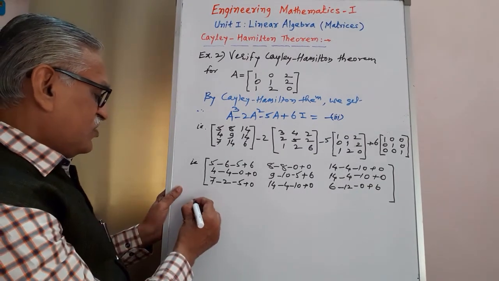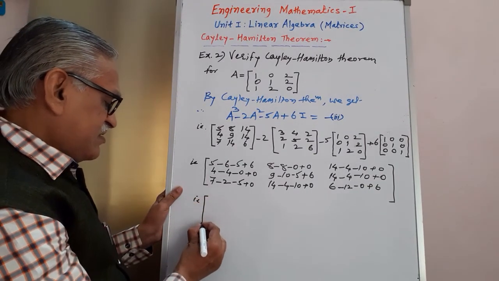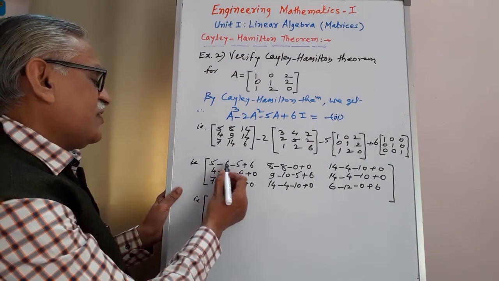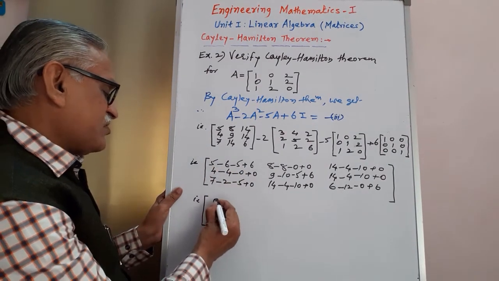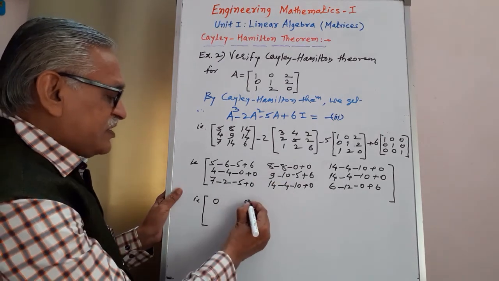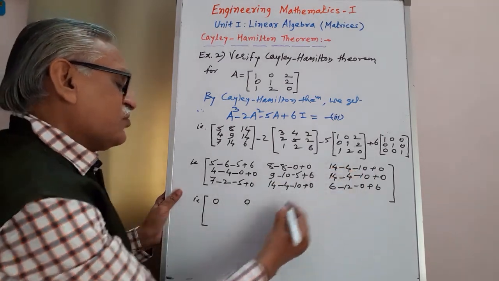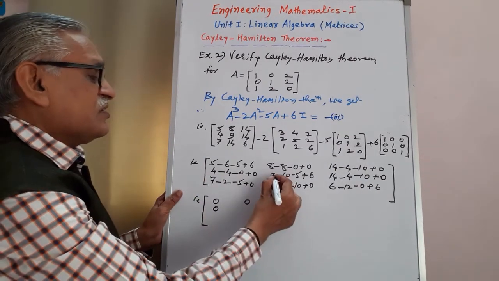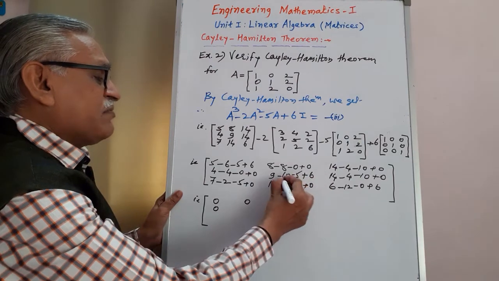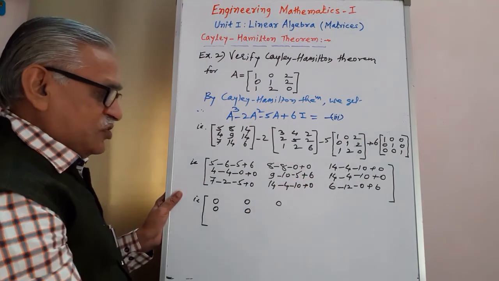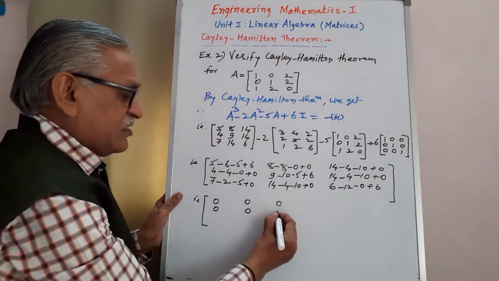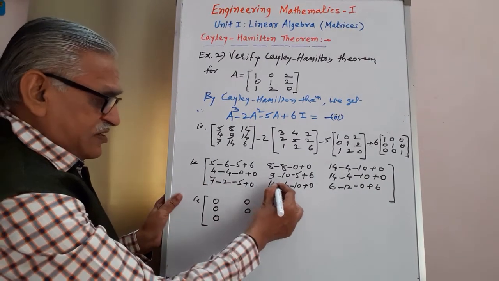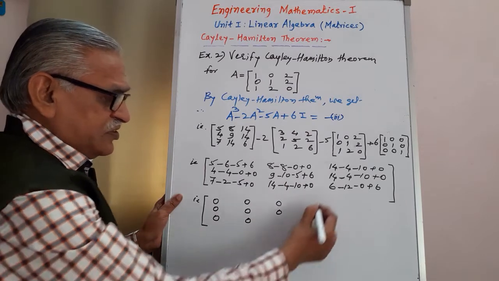And therefore, if we take the sum of all this, 5 minus 5 and 6 minus 6, we get that sum as 0. 8 minus 8, we get 0. 14 minus 14, we get 0 here. 4 minus 4, 0. 15 minus 15, that term is 0. 14 minus 14, we get 0. 7 minus 7, 0. 14 minus 14, we get 0.